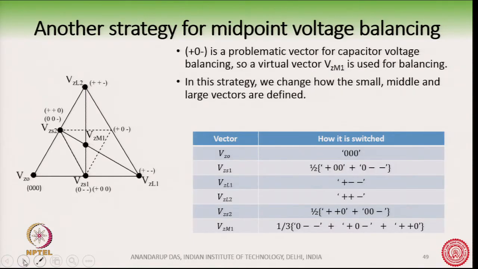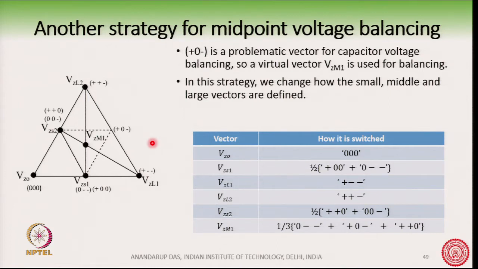So, remember that we had said that the plus 0 minus vector, the medium or middle vector, was the problematic vector for the capacitor voltage balancing. So, this vector plus 0 minus will not be directly used, and we will redefine how we define the vectors in the sector.